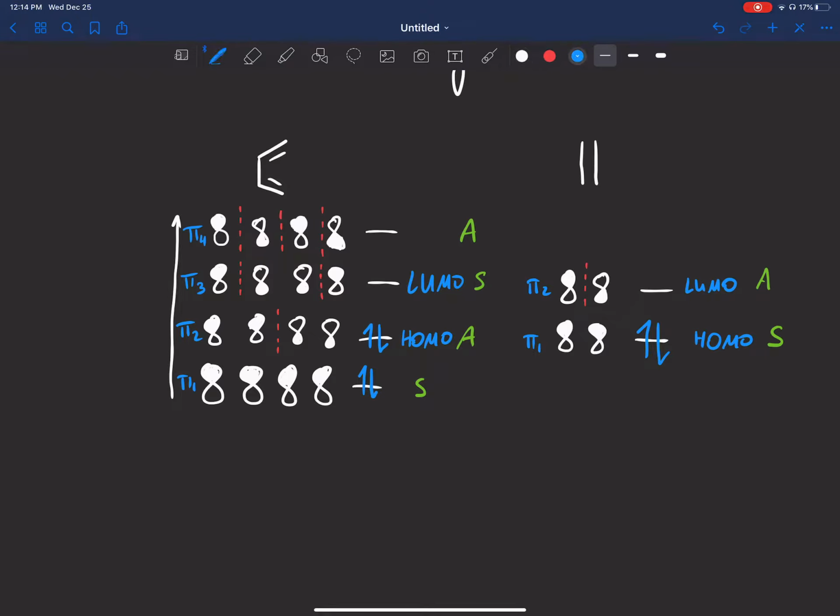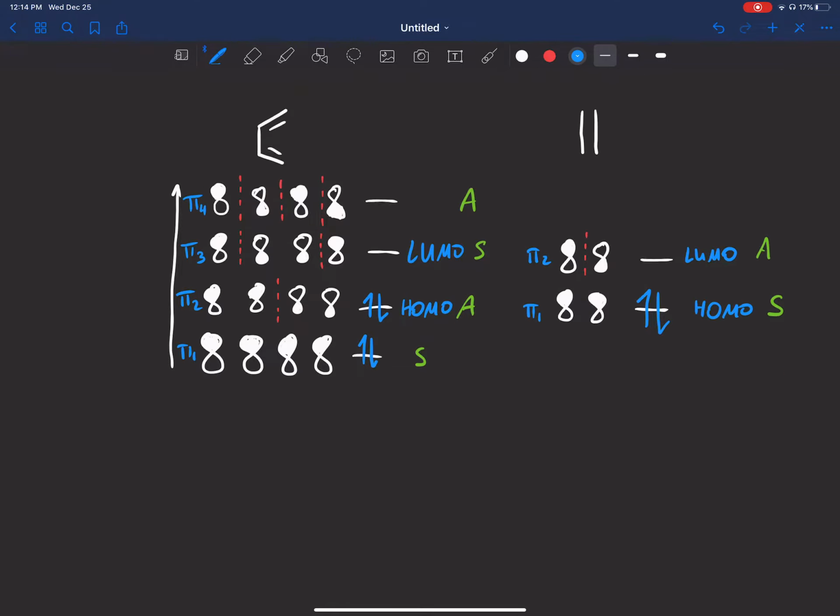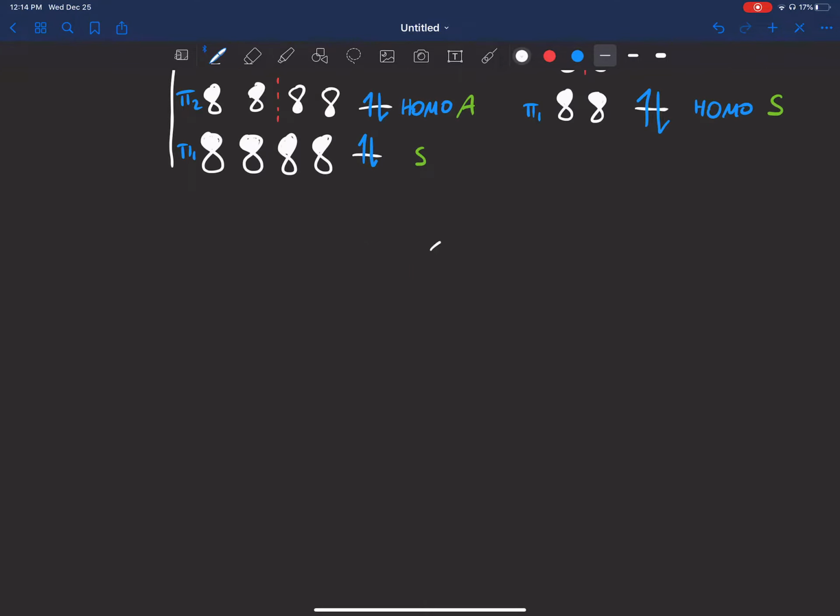Before we even talk about that, I just want to say one thing about this diene. I drew 1,3-butadiene this way. You can see it looks kind of cis. 1,3-butadiene can also look like this: trans.